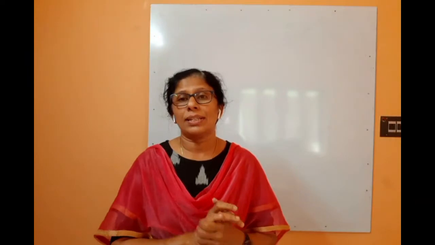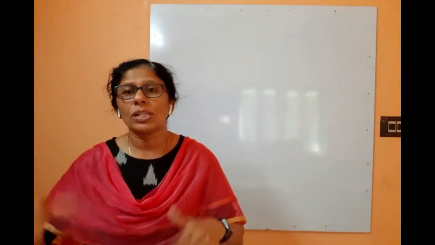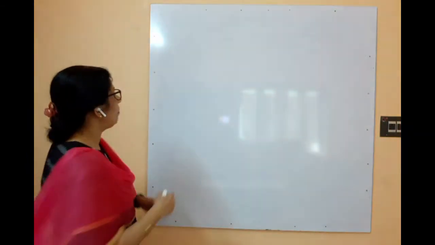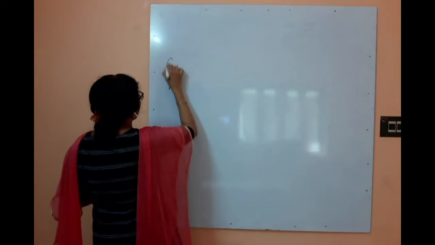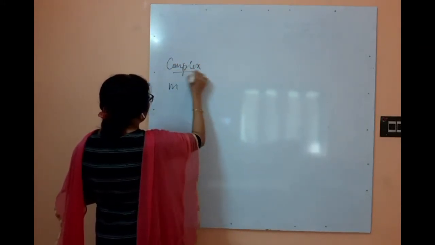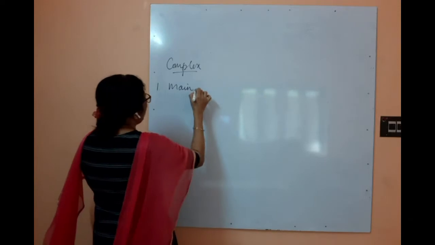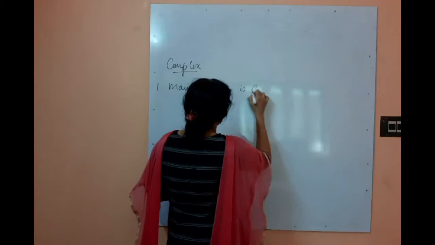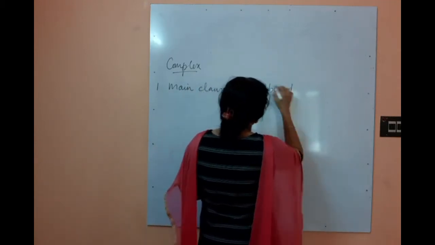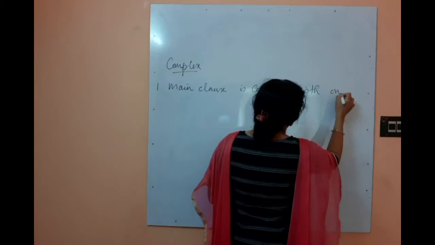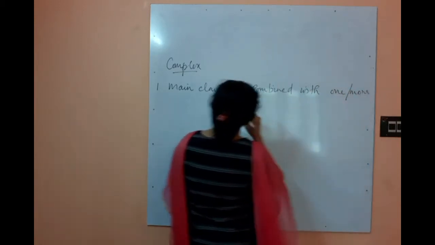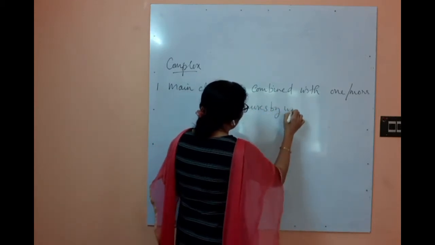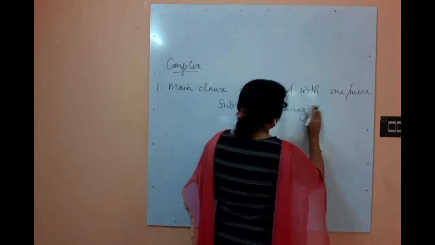We know that in a complex sentence, when we combine the main clause with the subclause, we use a subordinating conjunction. So in a complex sentence, one main clause is combined with one or more subclauses by using which kind of conjunction?